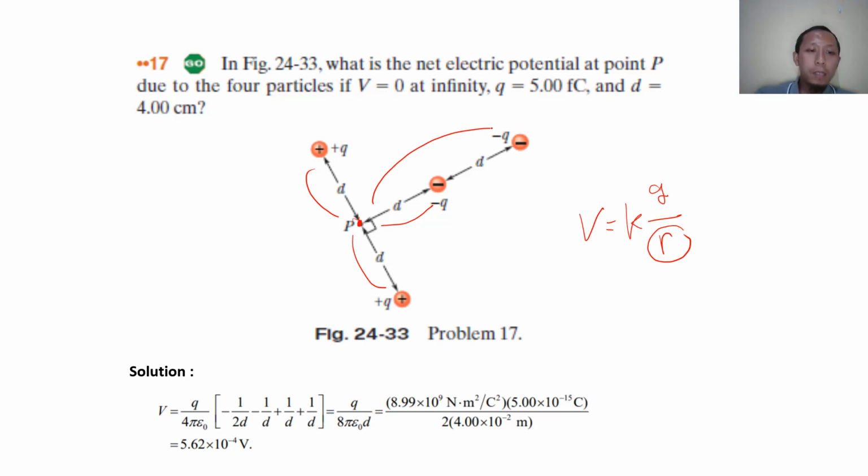So V is equal to q per 4 pi epsilon 0 multiplied by, first, minus 1 per 2d, because this is the negative charge, and then second minus 1 per d, and then this one plus 1 per d, and this one plus 1 per d. So we can use this equation, and we get 5.62 multiplied by 10 to the power minus 4 volts. So this is how to solve this equation.